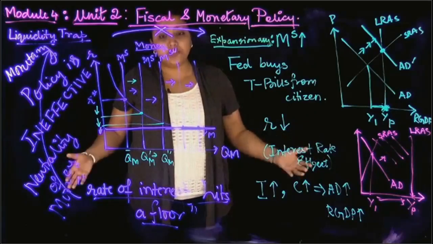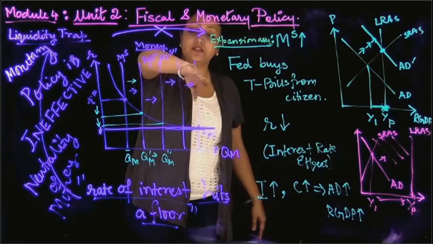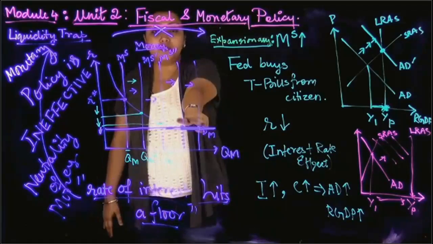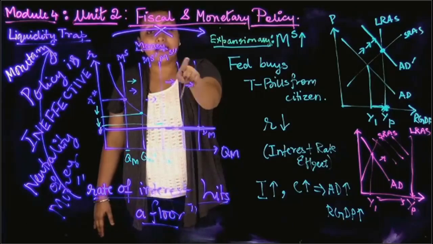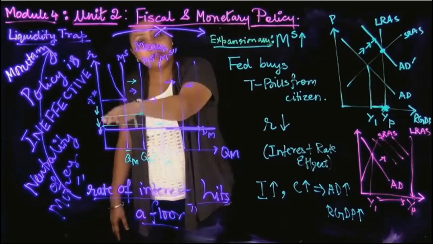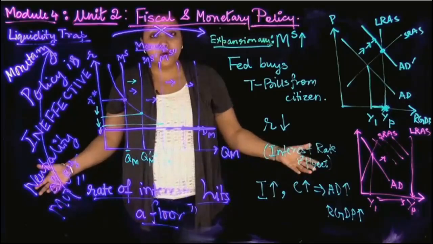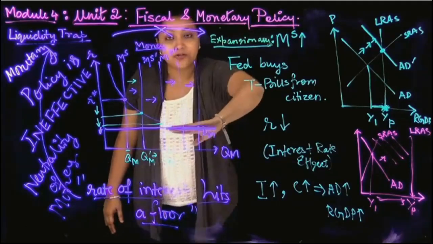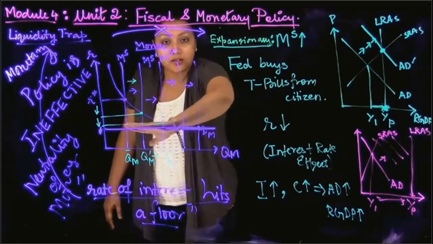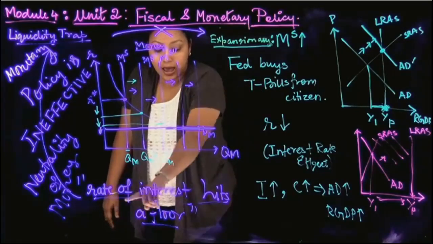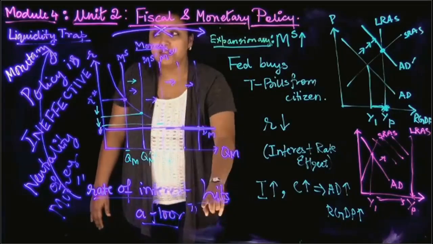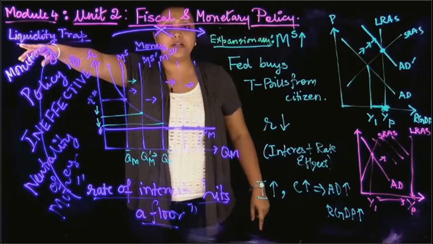And in that situation, if the money supply increases further, then that increase in supply of money does not reduce the rate of interest anymore. In other words, the rate of interest becomes constant at a very low level, and it hits a floor. This situation is called a liquidity trap.